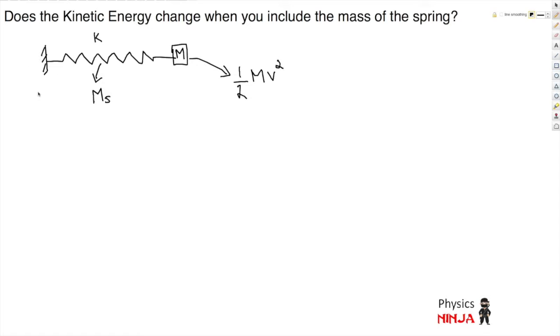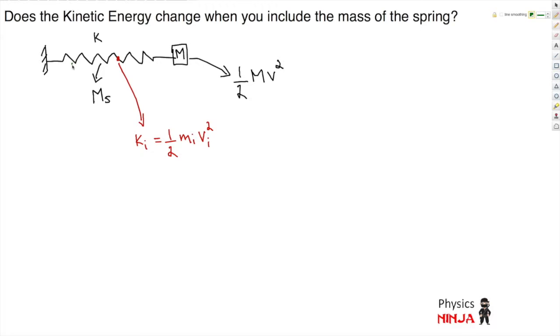Well, what about the spring? What if the spring starts to move? Well, our spring now has a mass. So if I look at a little piece of mass somewhere on the spring, it might not weigh a lot, but this little guy over there is also going to contribute some kinetic energy, which I can probably write as 1/2 whatever the mass of that segment is, times the velocity of that segment. I can do that for every single chunk of spring that I have.